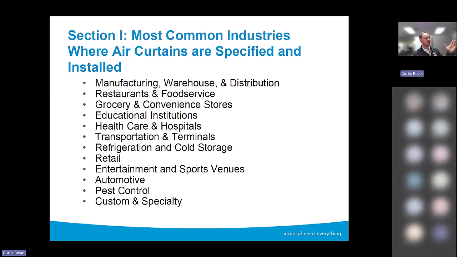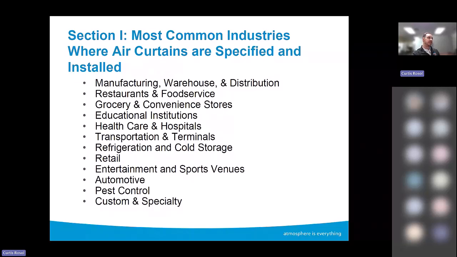Moving on there, though, convenience stores, educational institutions, hospitals, terminals, those are typically more entry doors, exit doors, more temperature control applications. And then cold storage, I've talked about that briefly so far, but that's in a category of its own, I'd almost say, right?